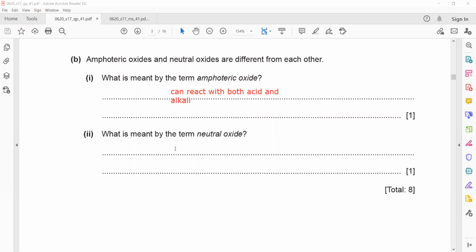But a neutral oxide does not react with acid or alkali. A substance that can react with both acid and alkali, that's true.